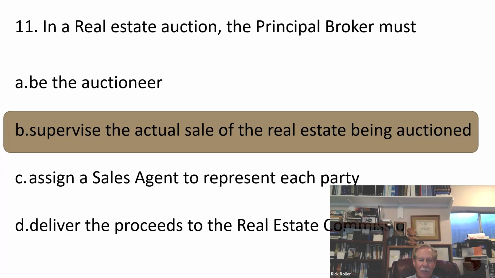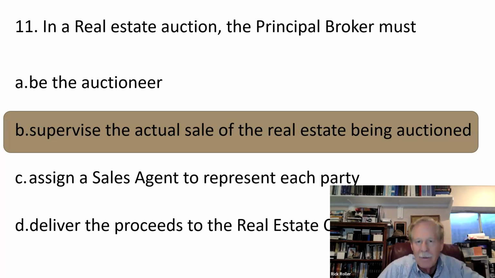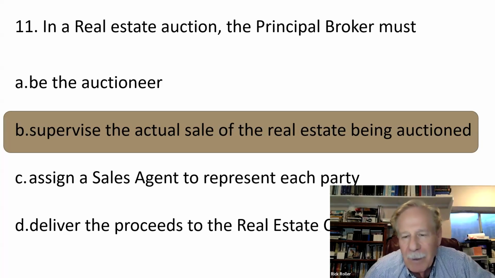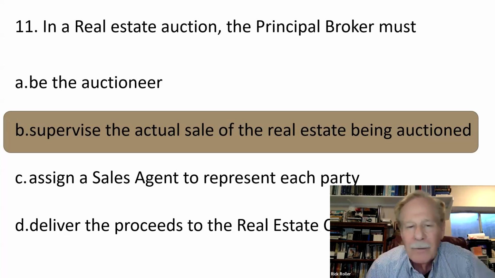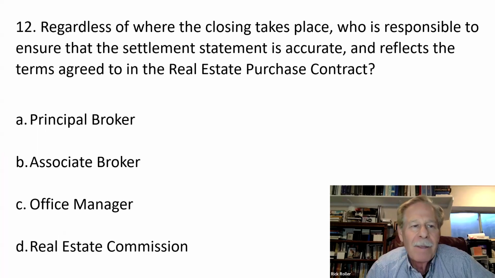So the correct answer, obviously, is supervise the actual sale of the real estate being auctioned. After the price is determined by the auctioneer and the crowd, you fill out a standard Rep C contract for the highest bidder. All the auction does is determine the price and perhaps the terms they were told up front. Be cash.